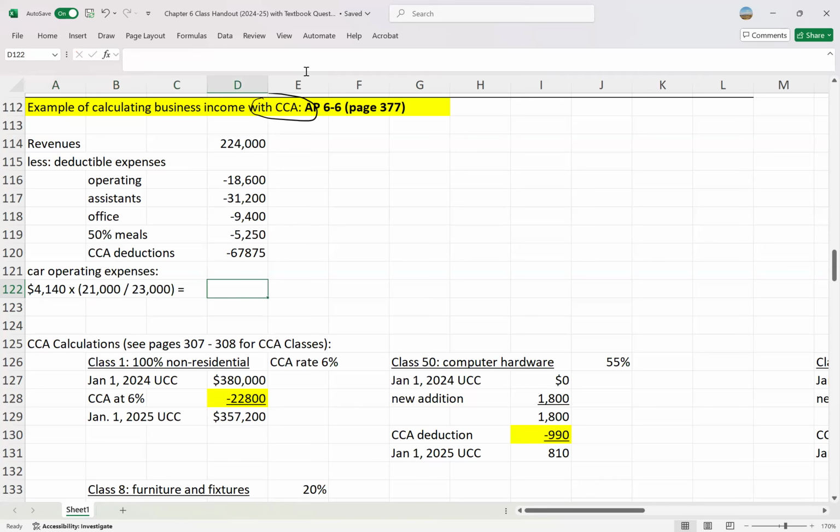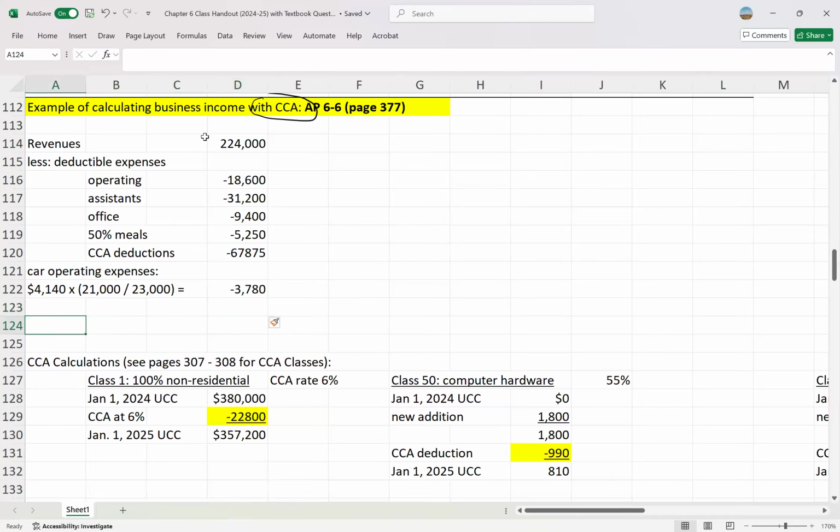If we work through that calculation, the car operating expenses will be 3,780. Let me just double check that. Yeah, 3,780.